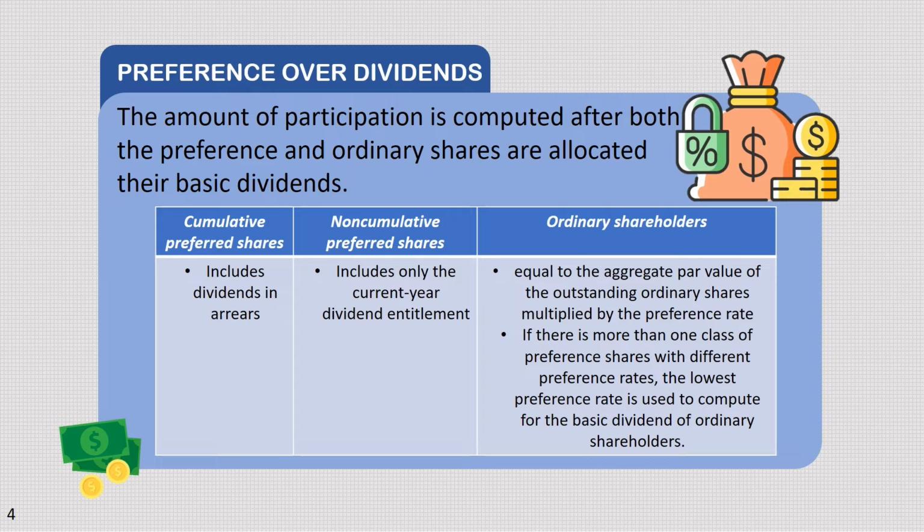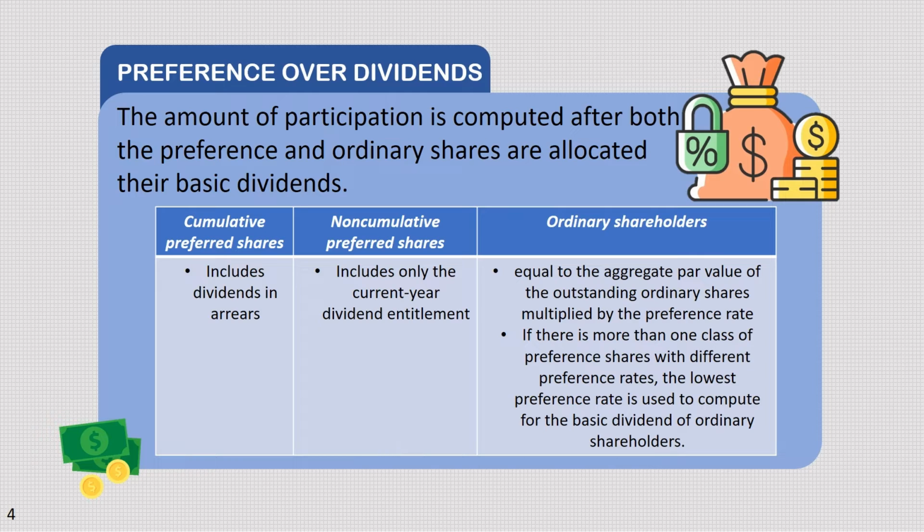The basic dividends of non-cumulative preference share include only the current year dividend entitlement. Basic dividend of ordinary shareholders is equal to the aggregate par value of the outstanding ordinary shares multiplied by the preference rate. If there is more than one class of preference share with different preference rates, the lowest preference rate is used to compute the basic dividends of ordinary shareholders.